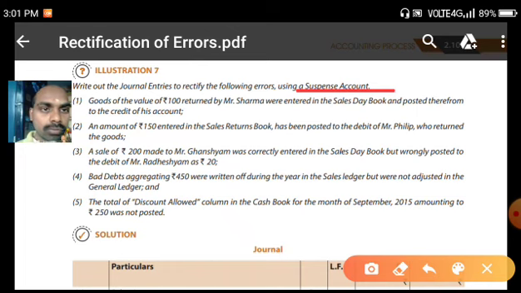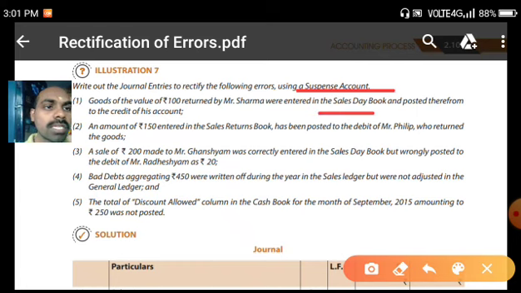Goods value of rupees 100 returned by Sharma were entered in sales day book and posted to the credit of his account. Goods of 100 returned by Sharma, so we need to write it in sales returns book. But where was it entered?